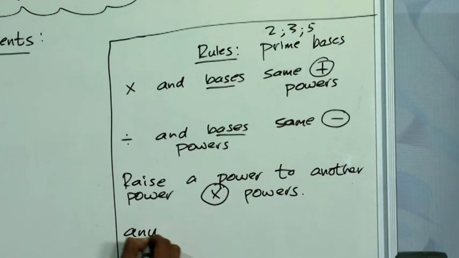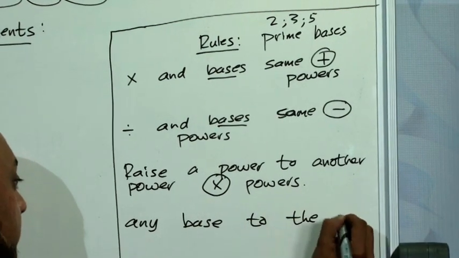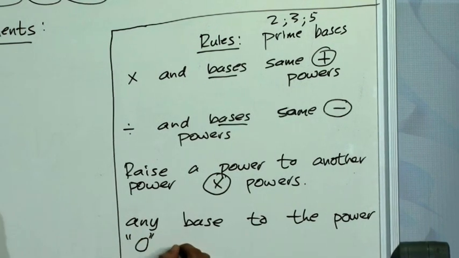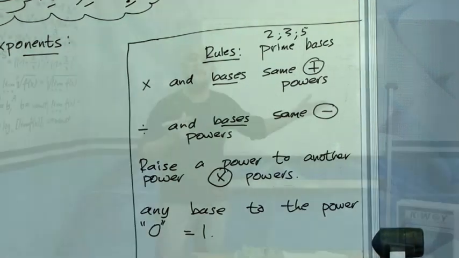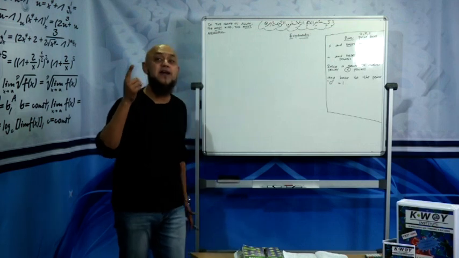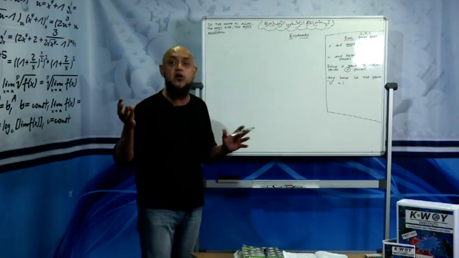Any base to the power 0 is equal to 1. These rules have been drilled into your minds by your teachers from grade 8. We are now in grade 11 and 12, so these rules need to be known at your fingertips.